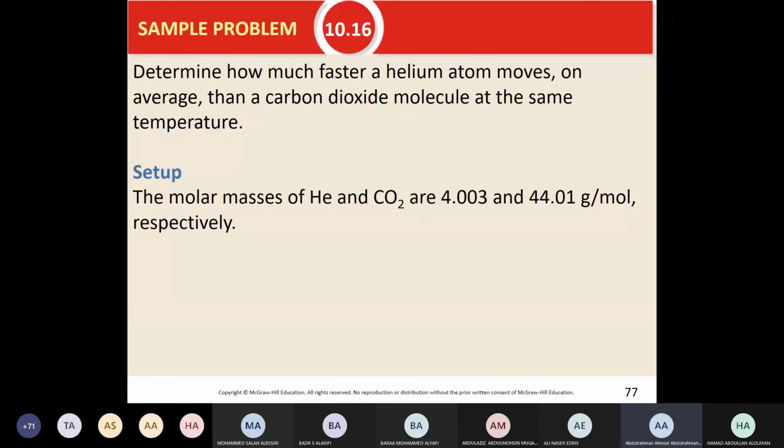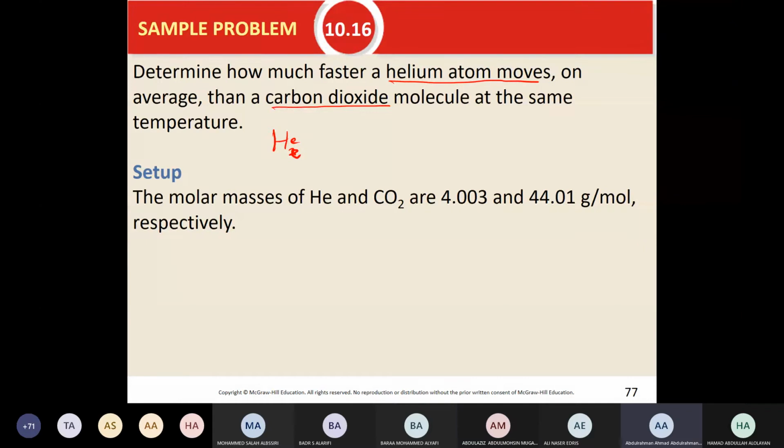Clear? Good. Determine how much faster a helium atom moves on average than carbon dioxide. Which one is faster? He or CO2? Helium. Why? Less molar mass, lighter.